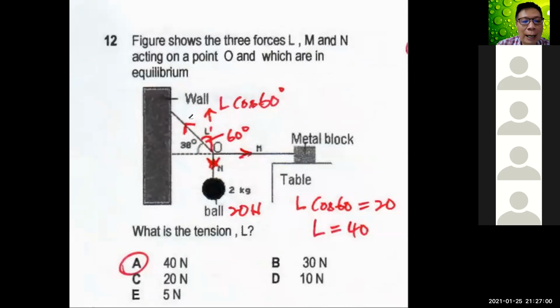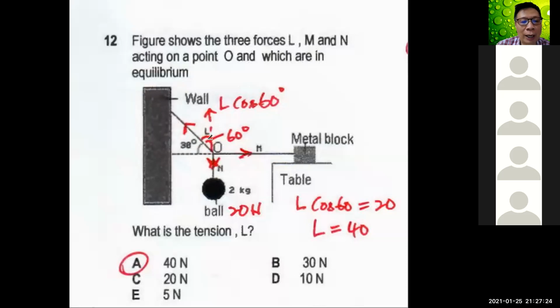So you break it up. Because the angle here is 60, here 30, 60, right? When I refer to angle 60, this one becomes cos. I don't take angle 30, I take 60. When I take 60, this is cos. So the tension L times cos 60, I got this. Why do I take this one?